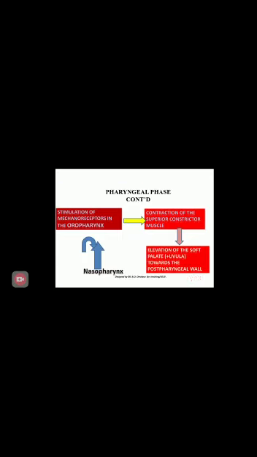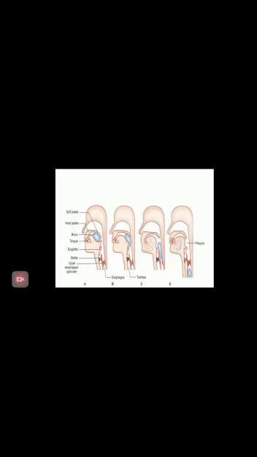Okay, let me use this to also explain what I've said. I said the larynx is raised. The larynx here. It's not yet raised here, but it has been raised here. The larynx is raised and moved forward. Raised up, moved forward, and the vocal cords, they are the ones in black here.